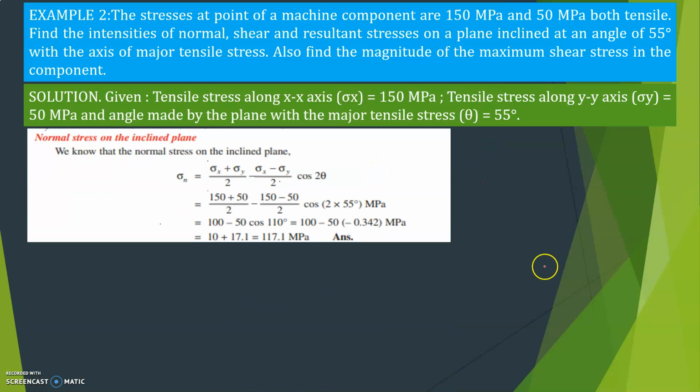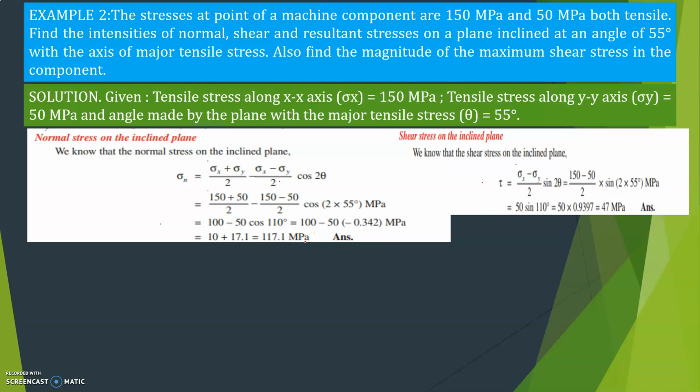Okay, we'll use that formula. Same, normal stress is equal to (sigma x plus sigma y) divided by 2 minus (sigma x minus sigma y) divided by 2 into cos 2 theta. Substitute, sigma x is 150 and sigma y is 50, divided by 2 minus, again same. Simplify, you get sigma n is equal to 117.1 MPa.